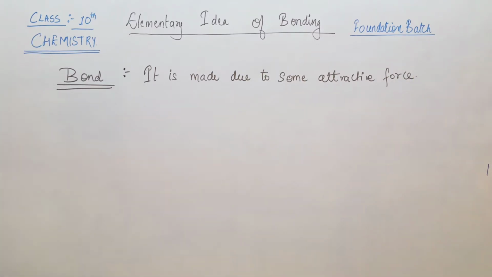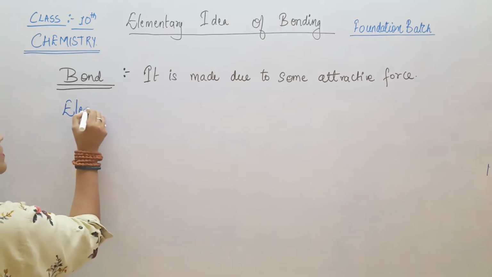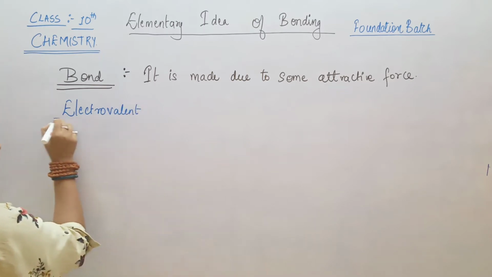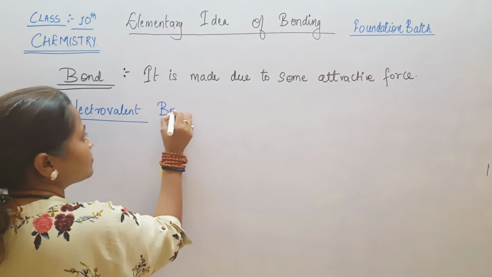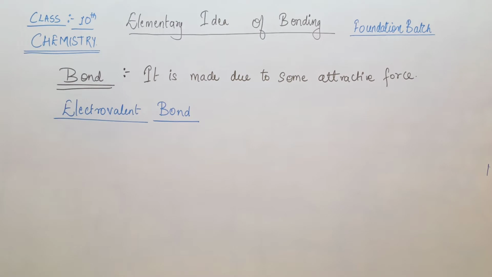ठीक है, so with this basic idea, let's start with the first type of bond, and that is known as electrovalent bond. ठीक है, so first thing you should remember is that these bonds are always going to be carried out or performed in the valence shell.